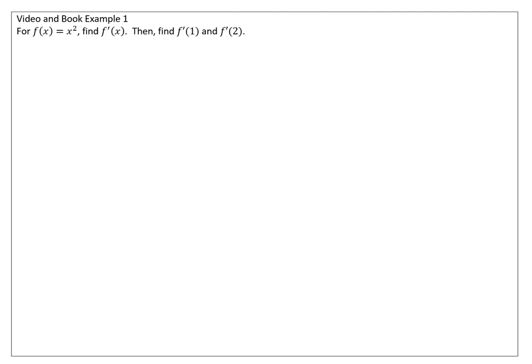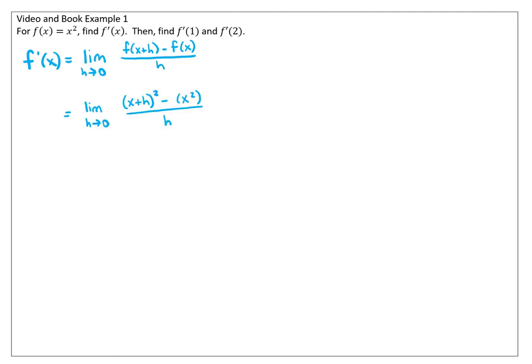So the first example says, for f of x is equal to x squared, find f prime of x. Now saying f prime of x is the same thing as finding the limit of the difference quotient. So the first thing we have to do is plug in x plus h into x squared. And then we want to simplify that difference quotient. And you want to then simplify the numerator, whatever terms cancel out when you add them.